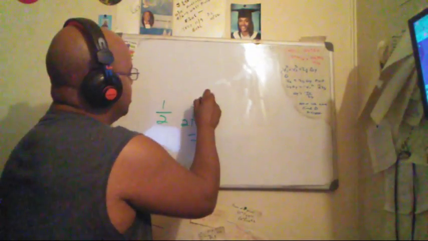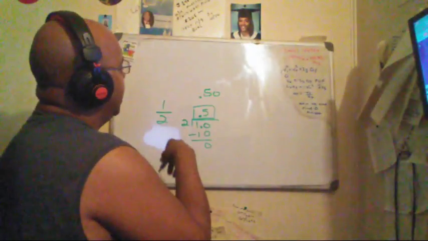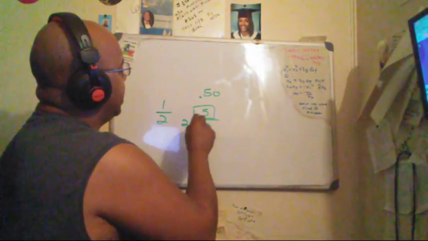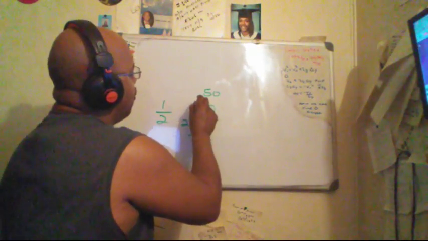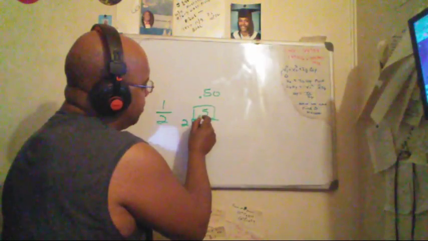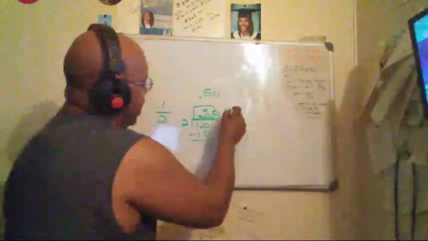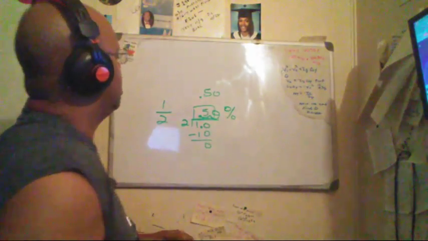Now, to go from decimal to percent, the decimal must move over 2 spaces. So the decimal place is here, and we bring our decimal over 1, 2, and then we have 50%.